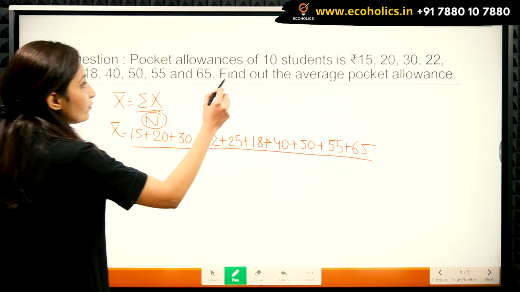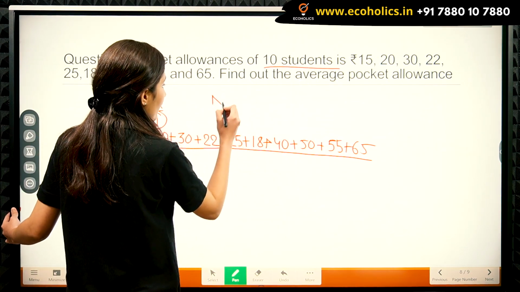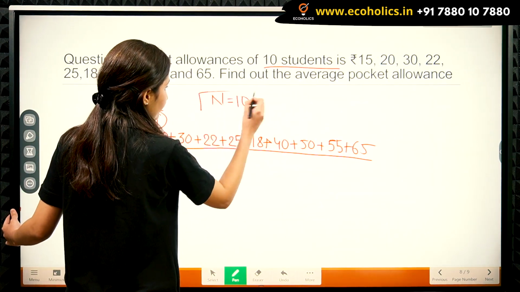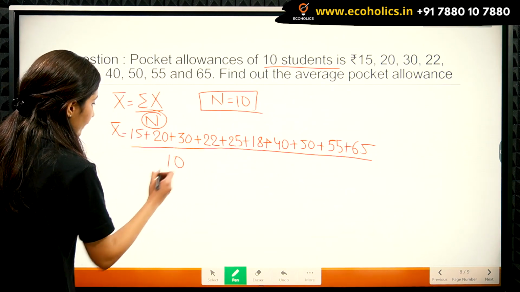Here we have 10 students, so in this case our n becomes equal to 10. So we divide by 10.